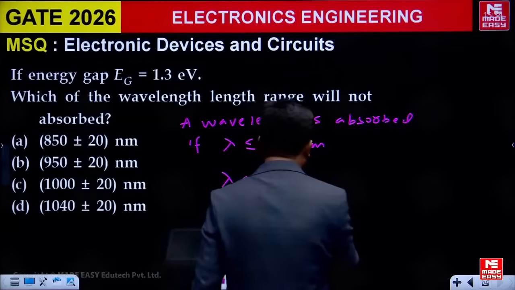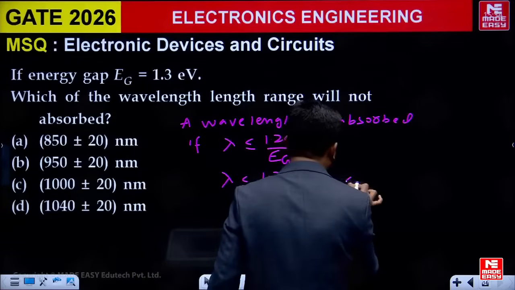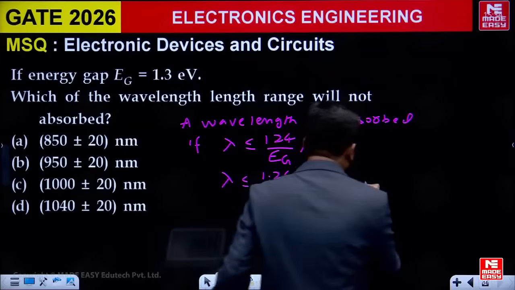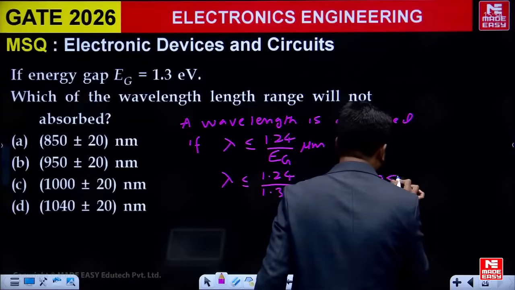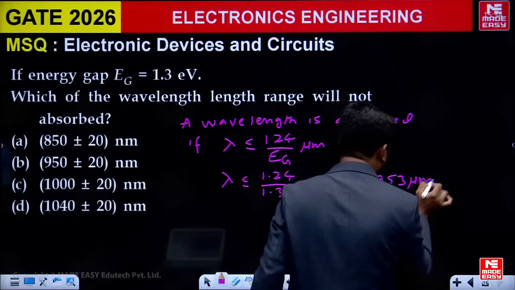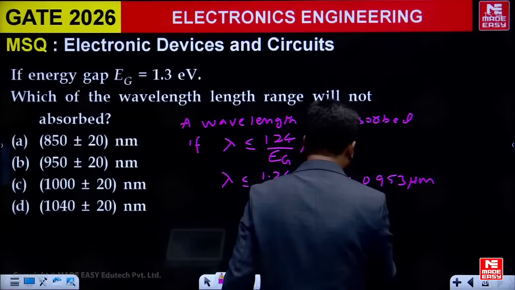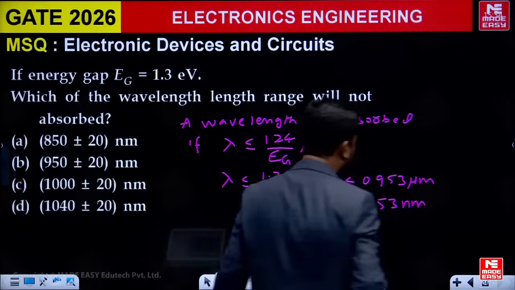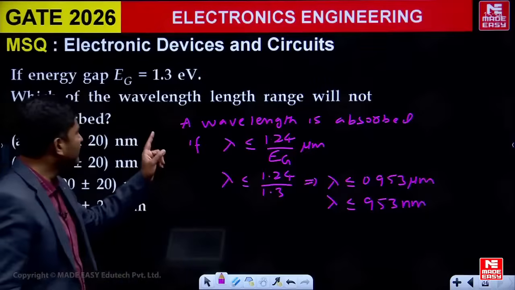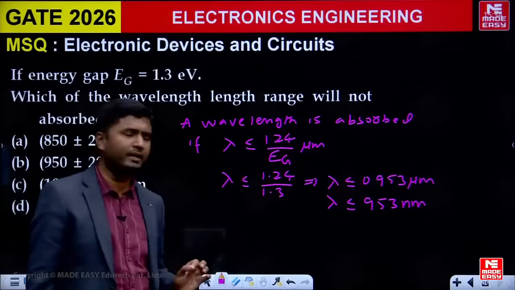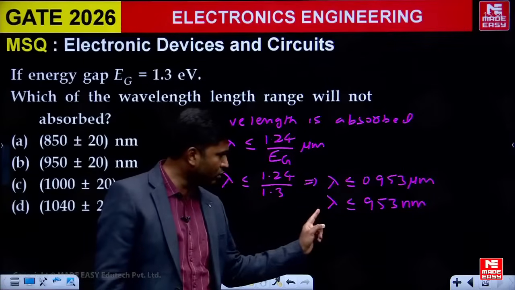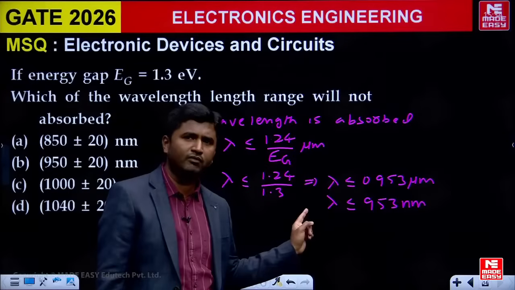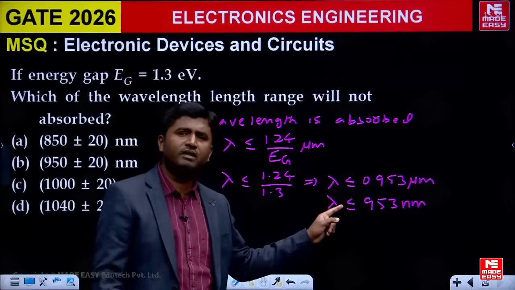So I will be getting lambda less than or equal to, we have to calculate this, you will get 0.953 micrometer. Now we will convert it into nanometer, it will be 953 nanometer. So we have to tell which wavelength will not be absorbed. If the wavelength of the incident photon is less than this, it will be absorbed.